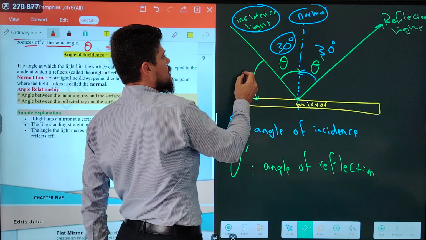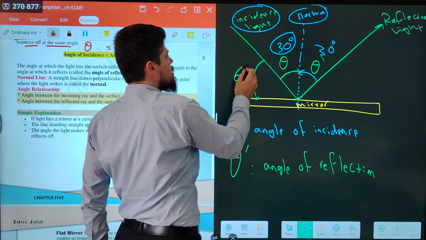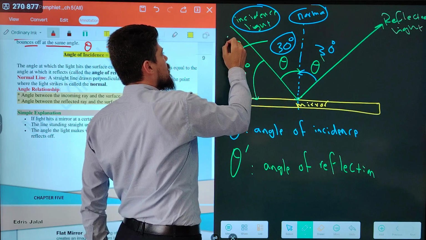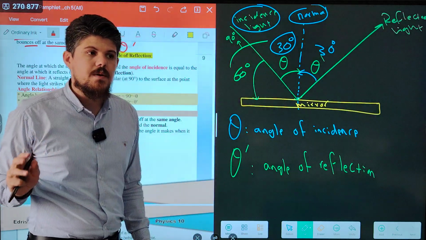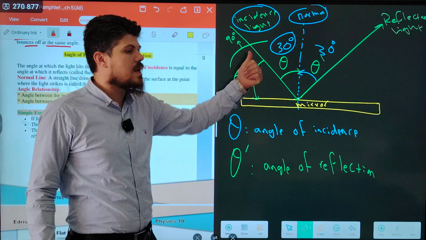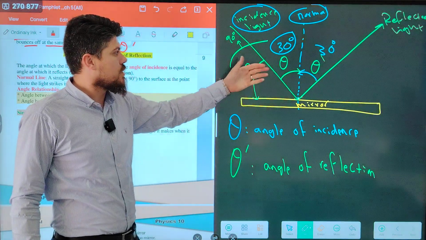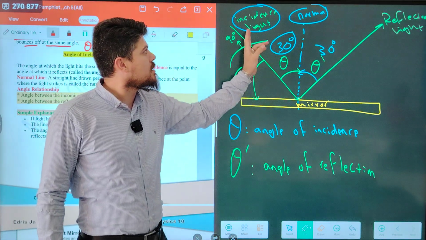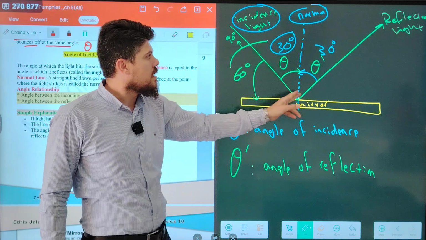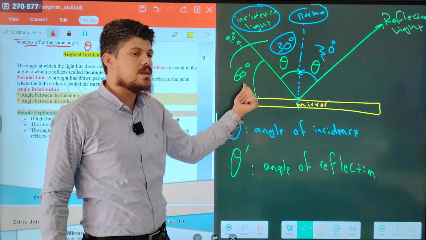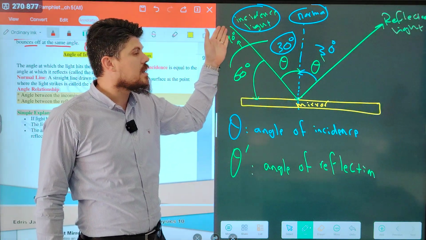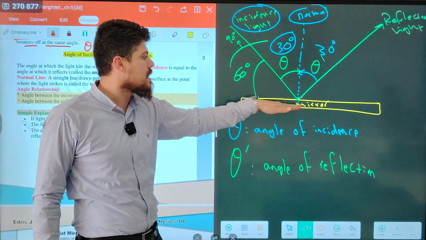If this is 30, this angle should be 60. The sum of both of them must be 90. What is the difference between this 60 and this 30? The 30 degrees is the angle between incidence light and the normal, but the 60 degrees is the angle between incidence light and the surface.